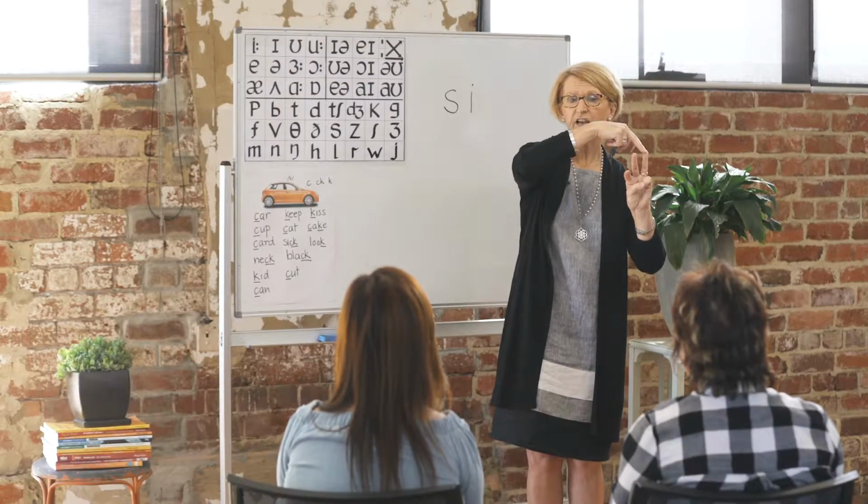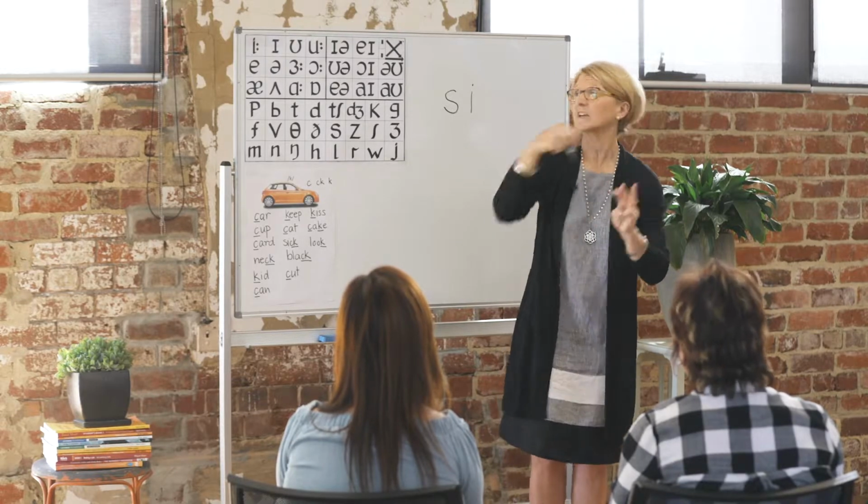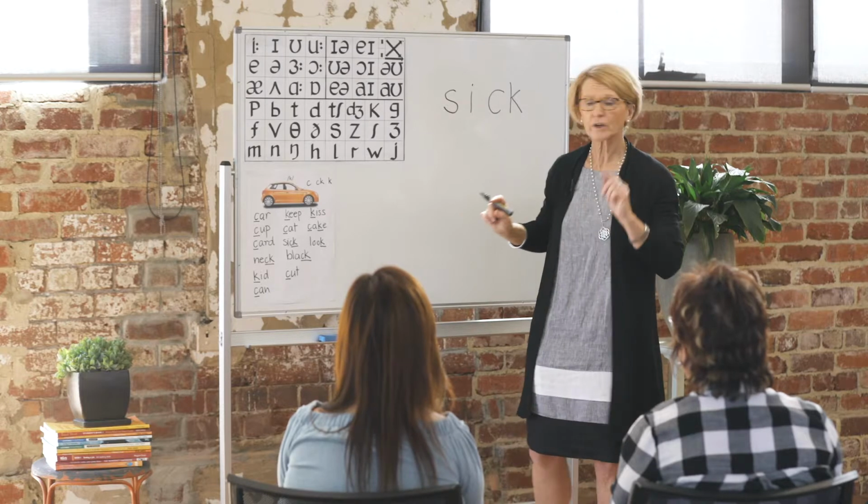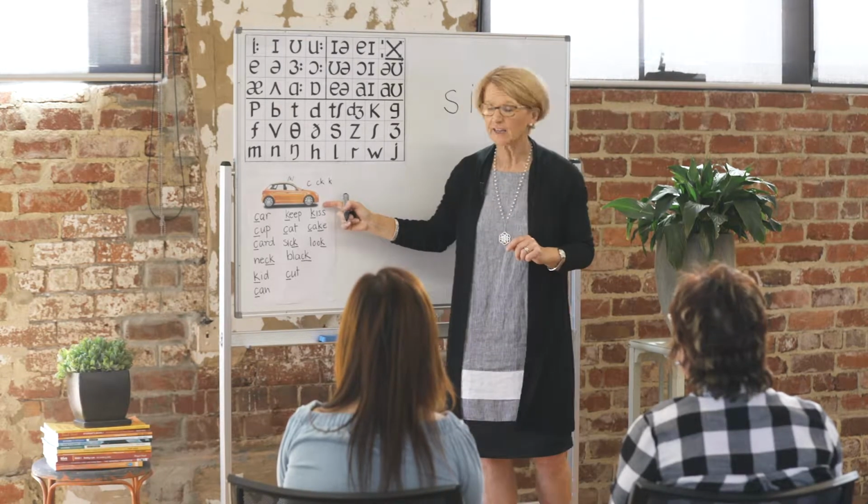K. How can we write this sound? What letter or letters? CK, yes. This sound here has 2 letters, C, K. Let's look at the anchor words here.